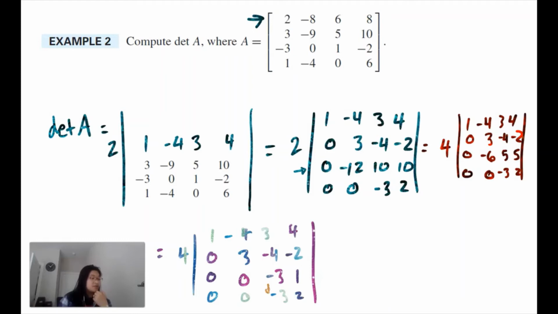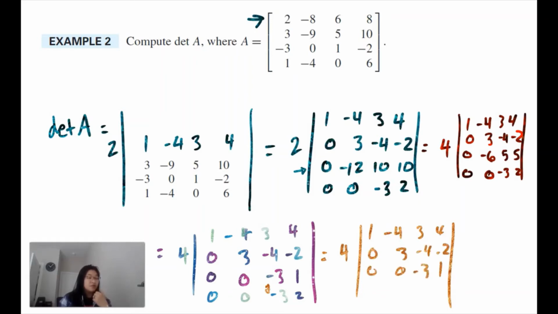We got these negative 3s that we can add together, so we get what? 1, negative 4, 3, 4; 0, 3, negative 4, negative 2; 0, 0, negative 3, 1; and 0, 0, 0. The difference here is that negative 1 plus 2 is 1.